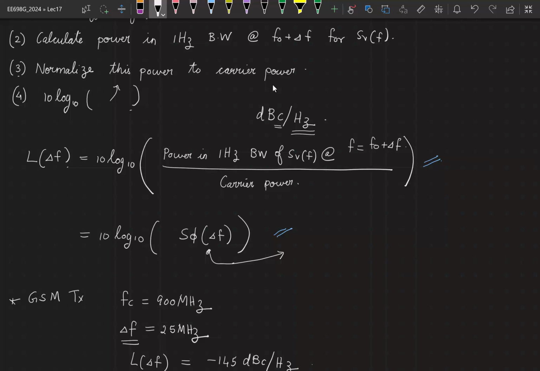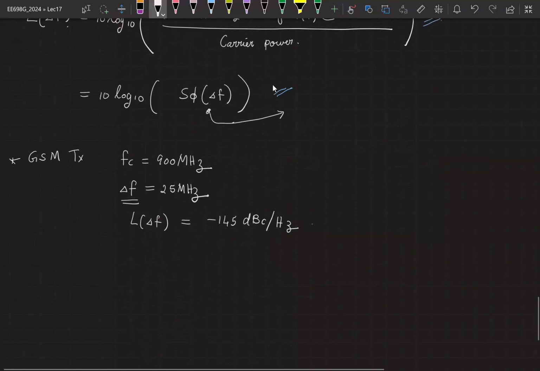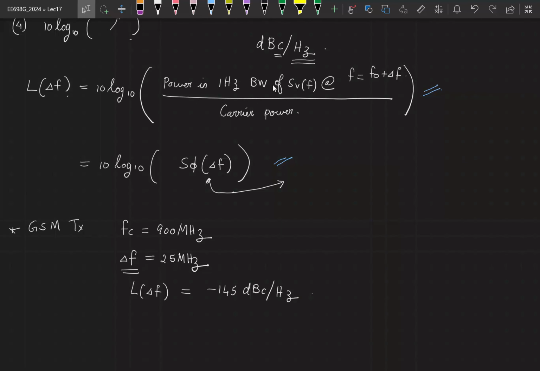That's all. So then you have to look at 1 hertz bandwidth. Is that okay? So everyone is very confident about this? No? You have doubts, or you just need time to think about it? Yes, I think that is not okay right now.